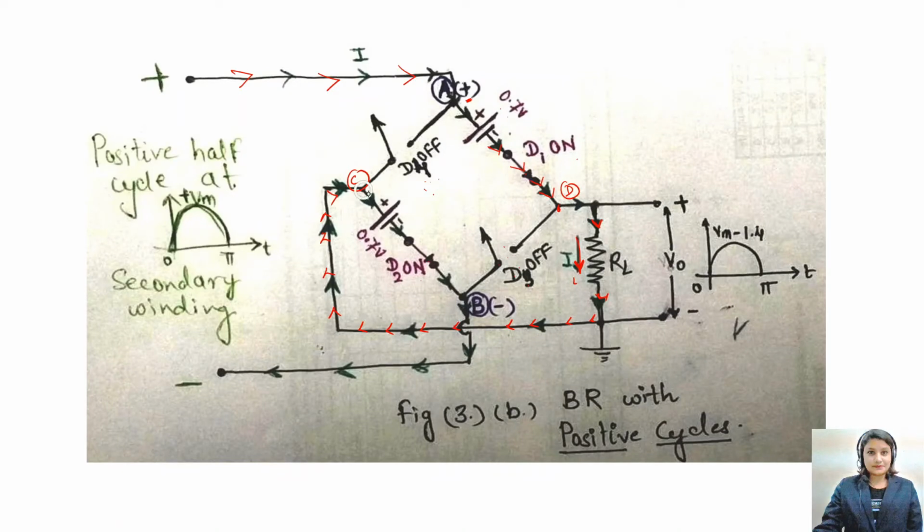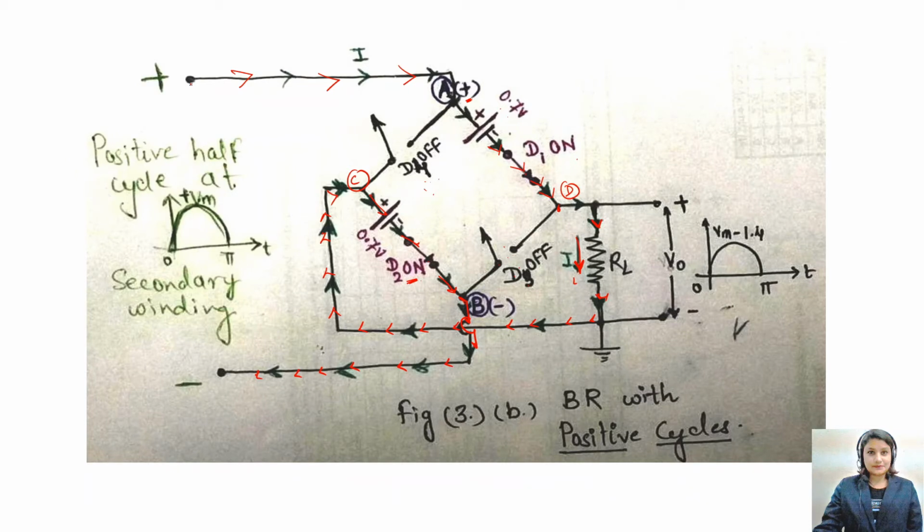From the C node, the current will be flowing through the D2 diode because it is giving a path. Through the D2 diode, the current will go back to the secondary winding.